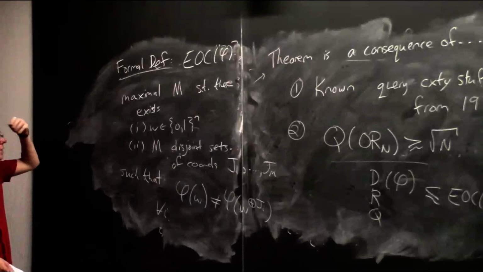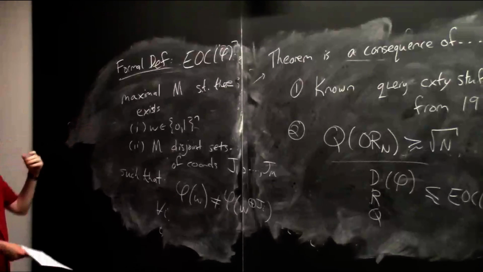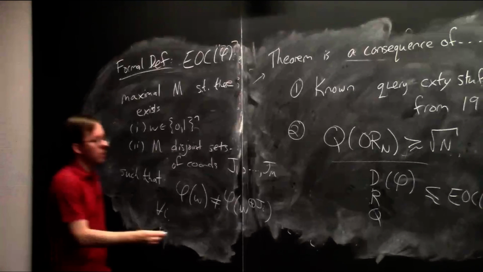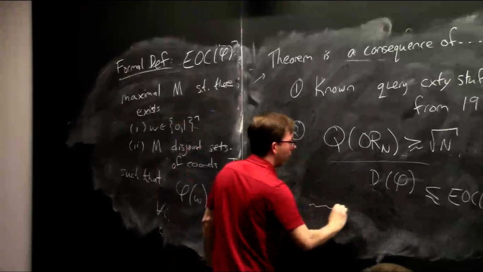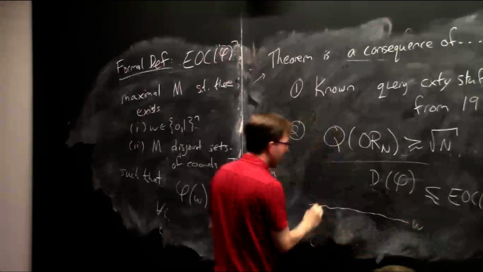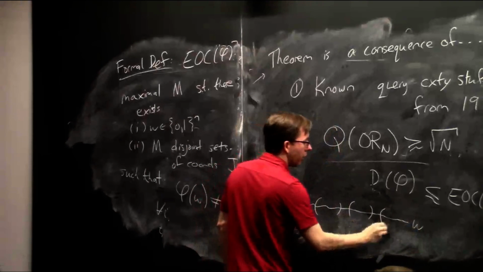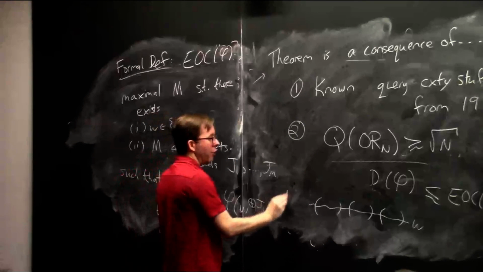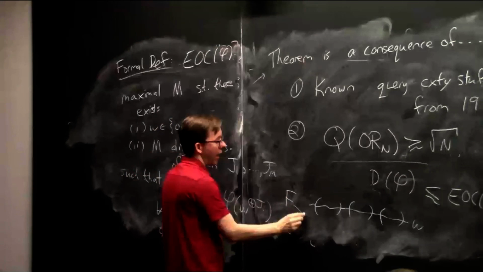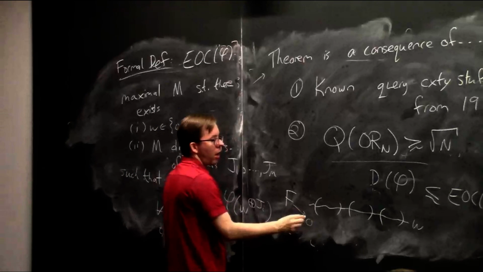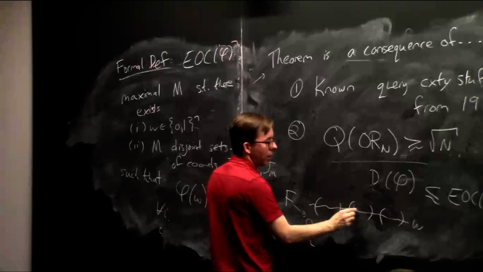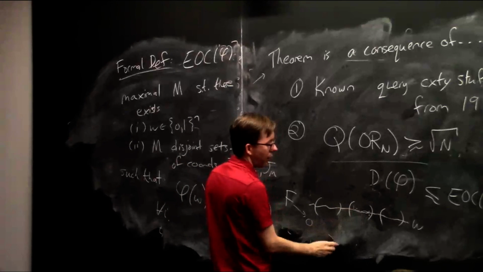So basically, in words, this embedded OR complexity is at least m if you can find some string w of zeros and ones, plus some blocks of coordinates, say I found 3 blocks, such that if you apply f to this string, you get some value, perhaps 0. But if you take any single block and flip all the coordinates in that block, f's value flips.